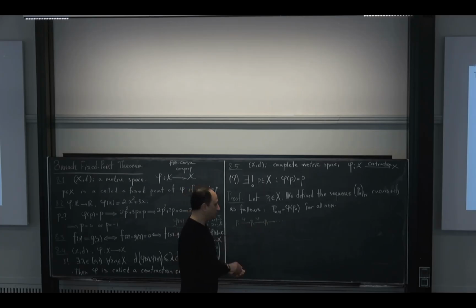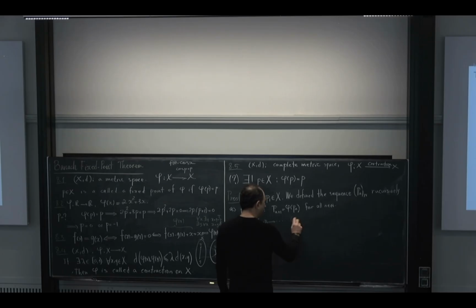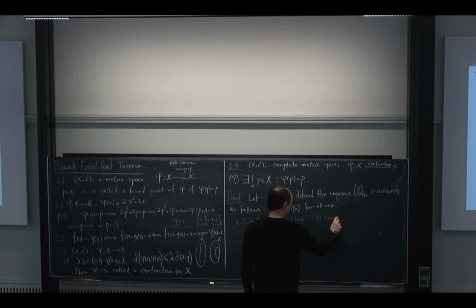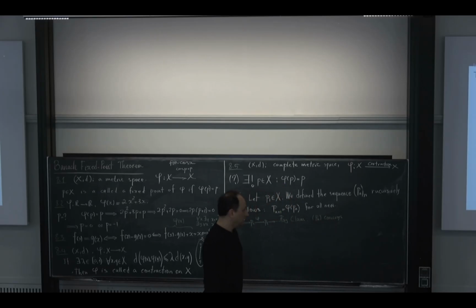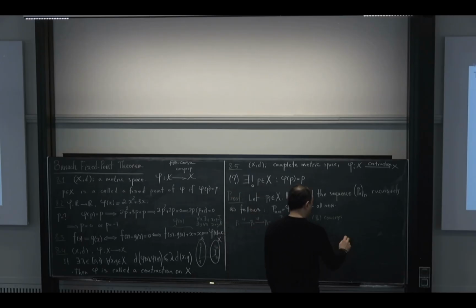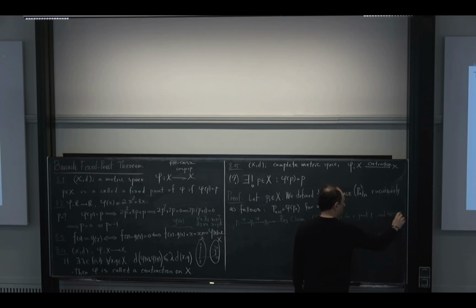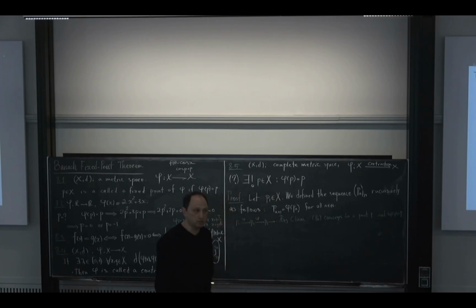So let me write these things, big picture claim. Yes, the big claim is that Pn converges to a point P, and we show that phi(P) is P. That is your fixed point.